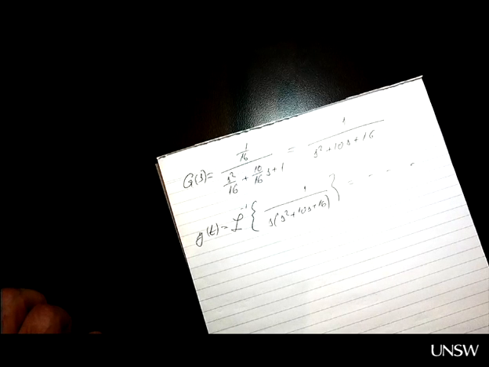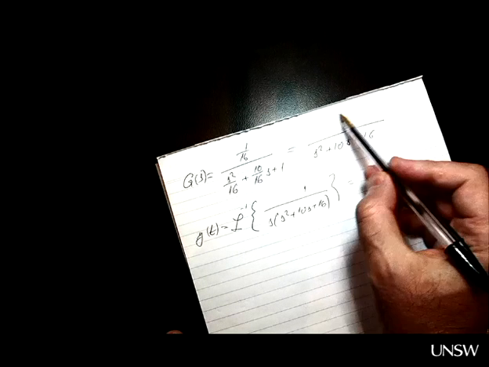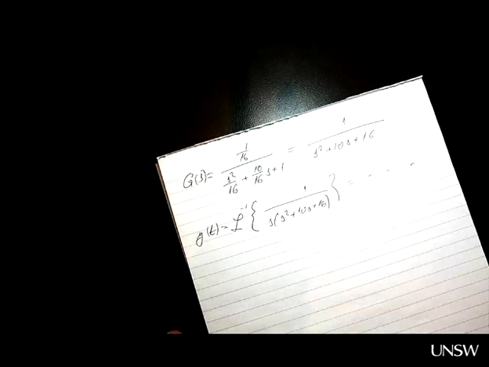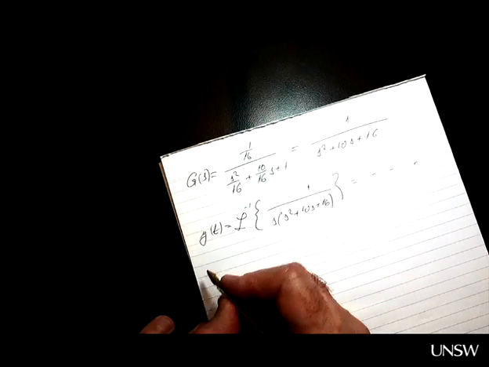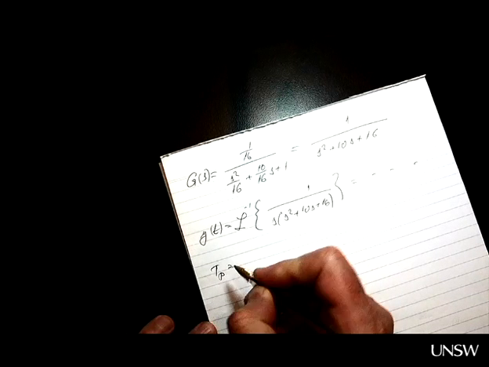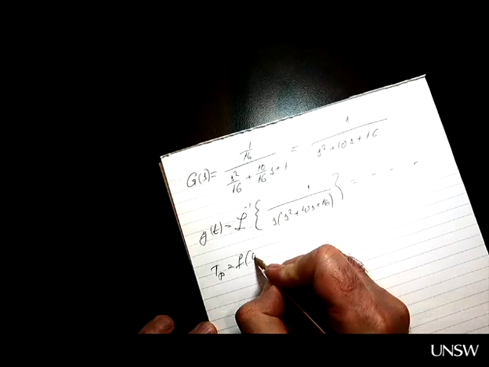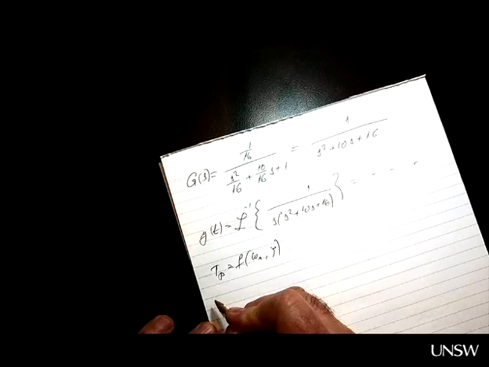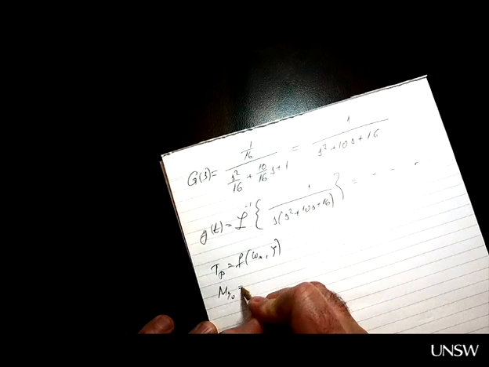In the lecture we derived them, so we don't have to derive them in the exam. But you need to know how we got to those expressions. So we want to use whatever we have here to find those three parameters. Tp will be a function of omega n and psi. M percentage will be a function of psi only.